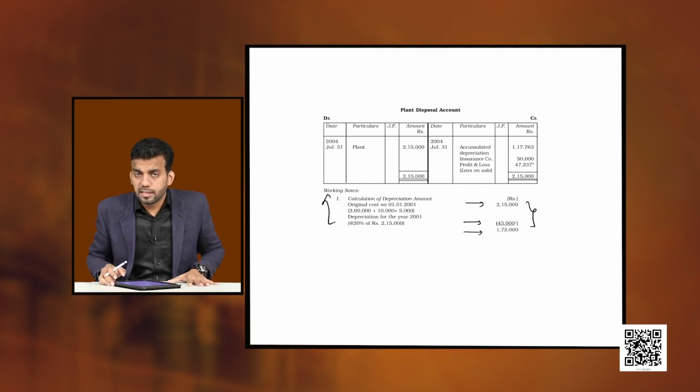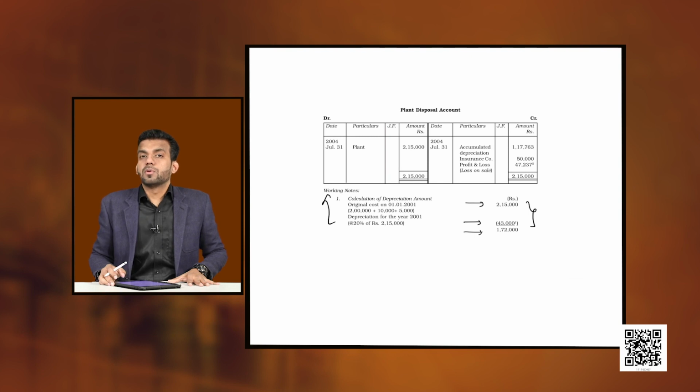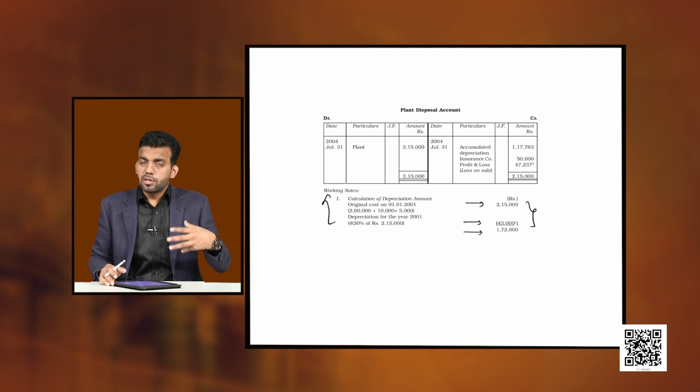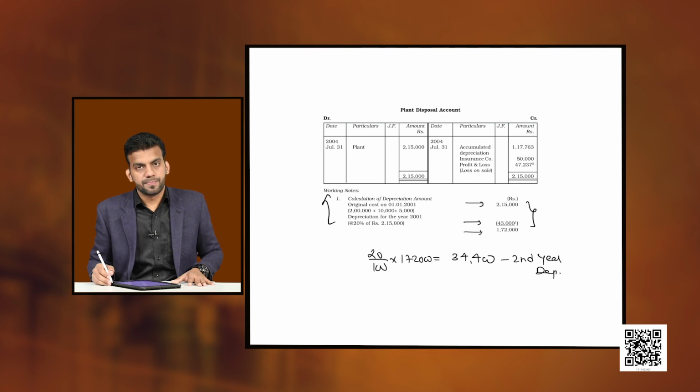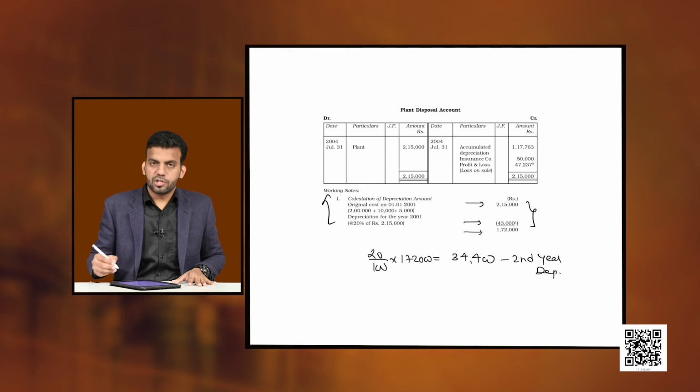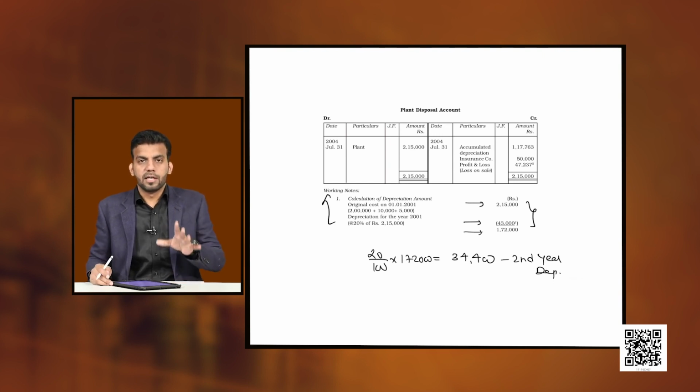Written down value method says the reduced amount of machine is going to be treated as the amount for calculating depreciation. So, 20% of 172,000 is 34,400. This is going to be second year depreciation. Is it clear, students? So, here I charge my depreciation 34,400.